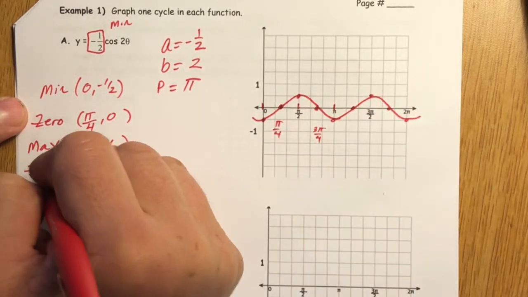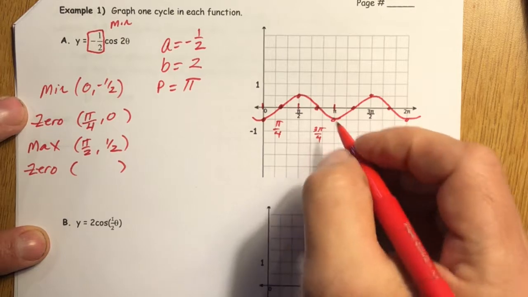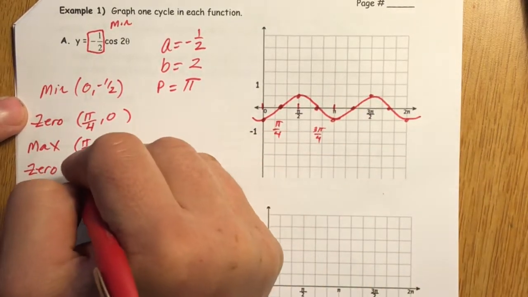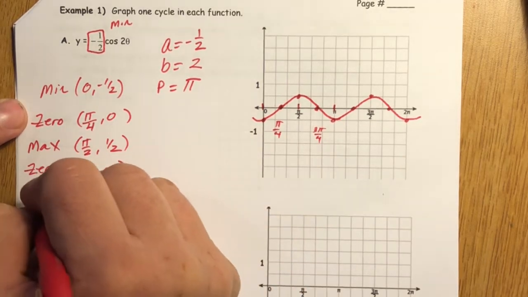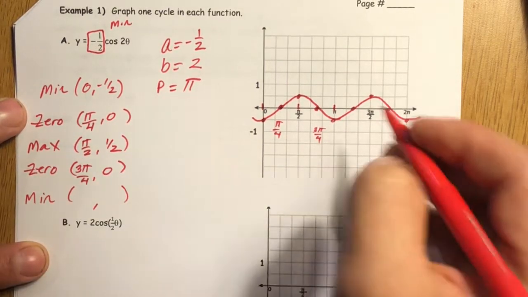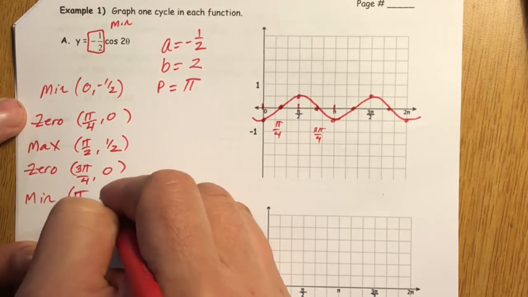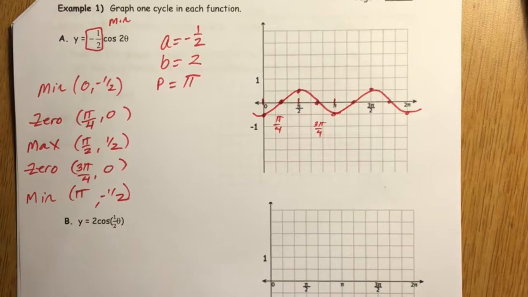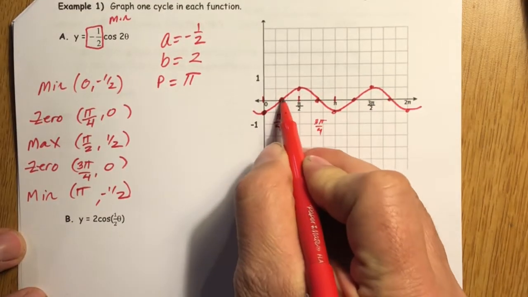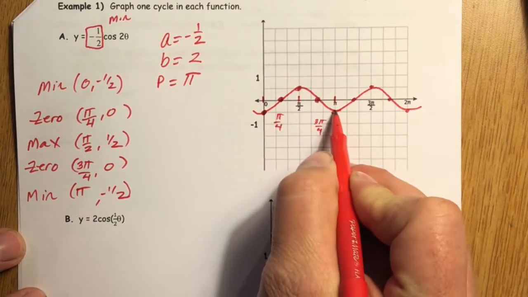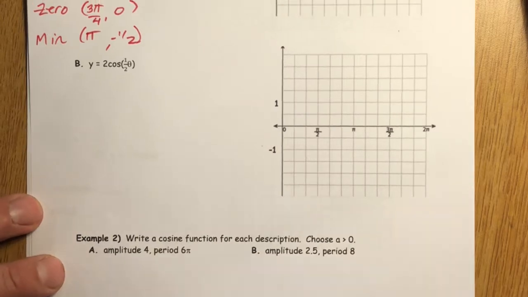My 0 right here is going to be (3 pi over 4, 0). And the last one, another minimum, is going to be at (pi, -1/2). So all we're doing, guys, by these 5 key points, is labeling this point, this point, this point, this point, and that point. All right, let's look at B.